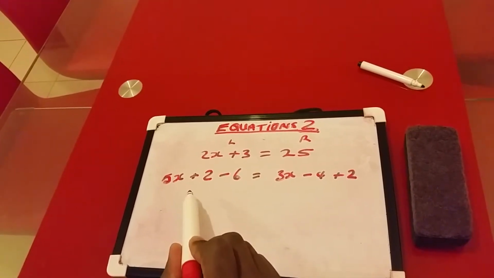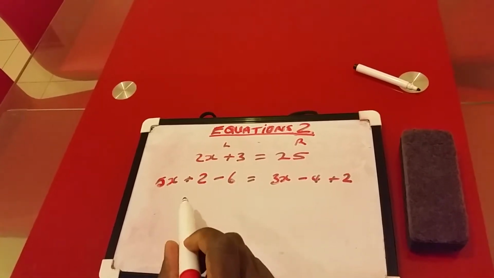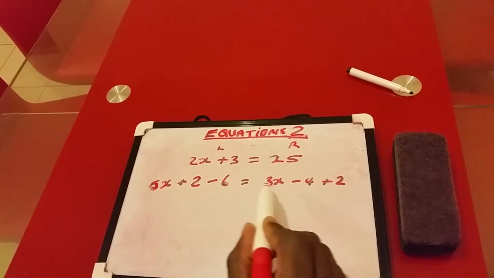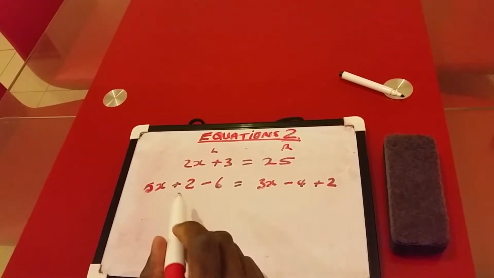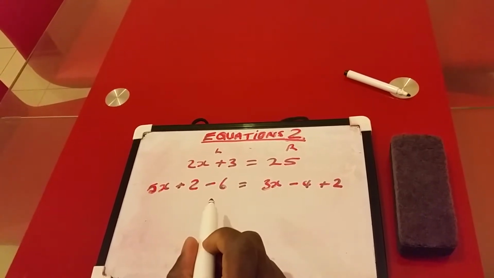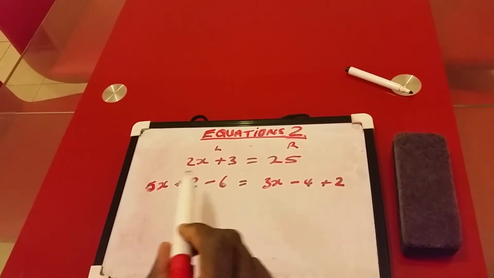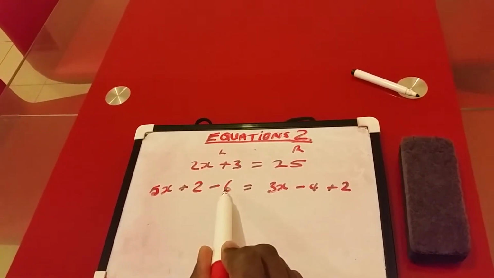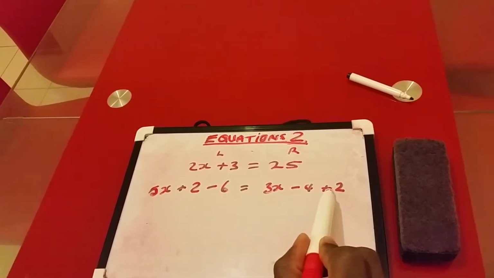So in equations 1, we talked about the method of moving numbers and letters from left to right, and we said that was the easiest method, that is less confusing. So here we have 5x plus 2 minus 6 equal to 3x minus 4 plus 2.